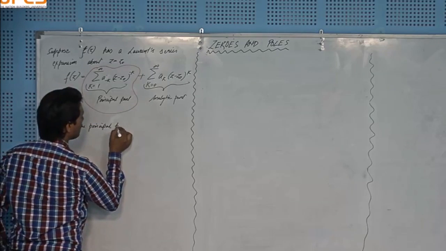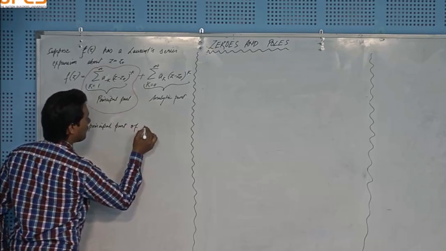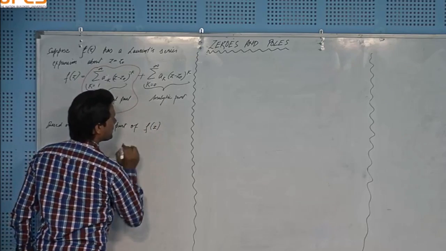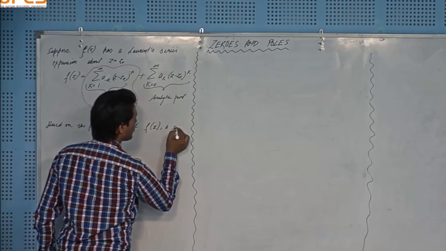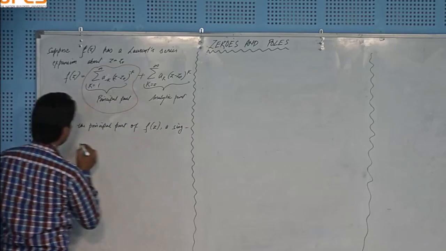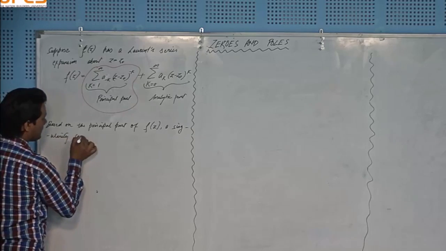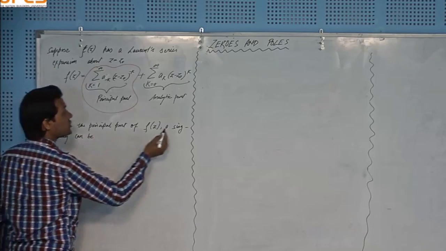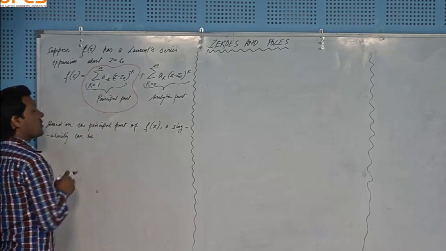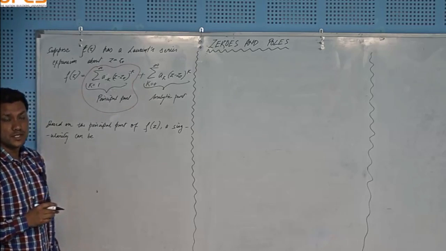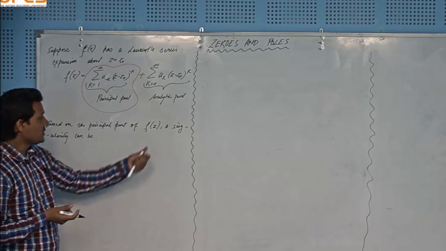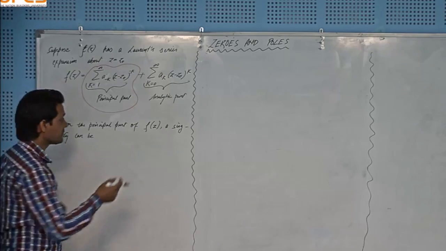Based on the principal part of f(z), a singularity can be, or we should say isolated singularity, because a Laurent series is only possible if the singularity is an isolated singularity, right?